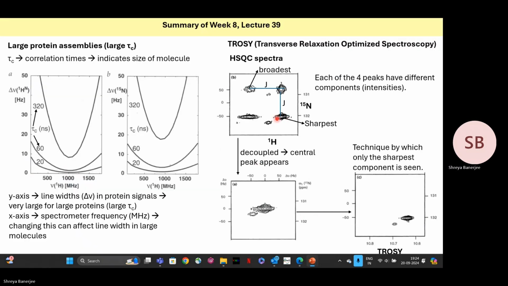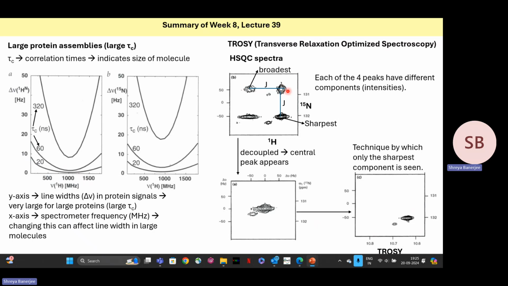And after decoupling, if you do the TROSY experiment, which is the transverse relaxation optimized spectroscopy, then out of the 4 components, whichever component is the sharpest, that is the component that you can isolate by TROSY. We won't go into the details of the experiment.